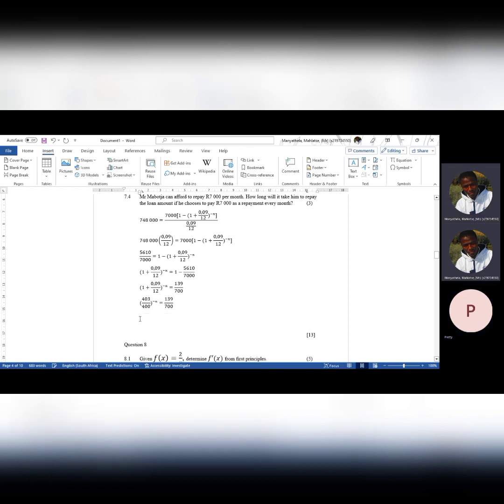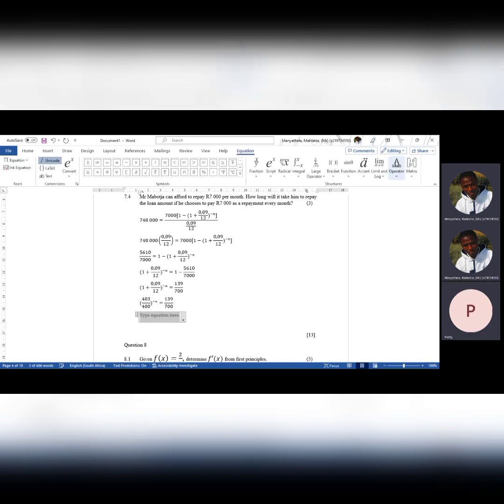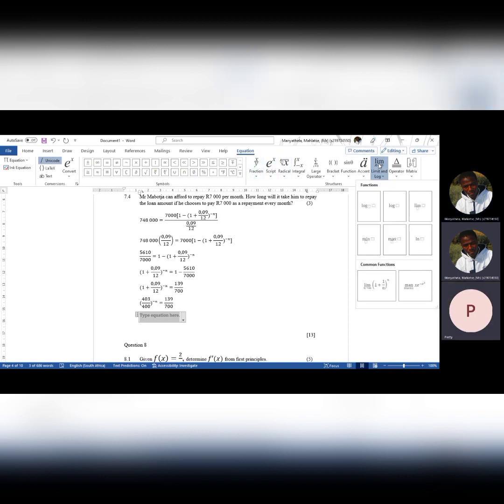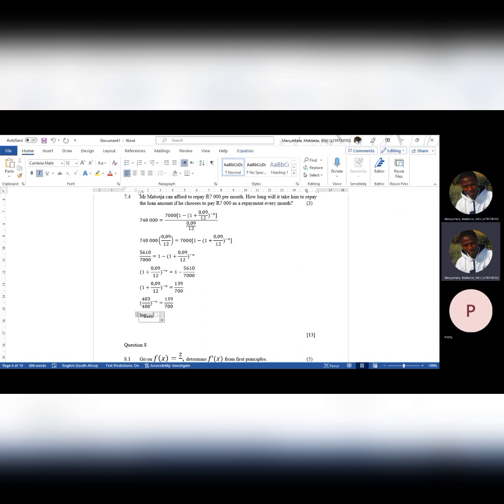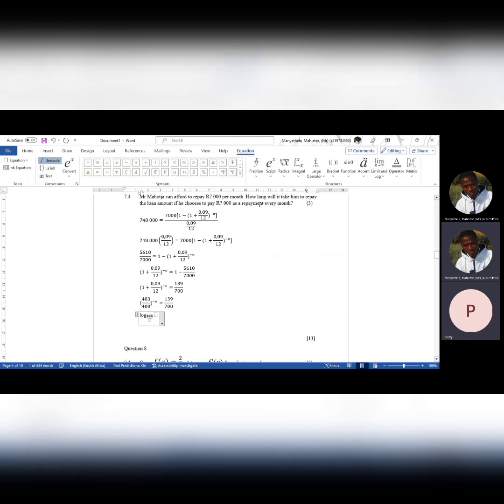Let's do it this way. If it's like this, you can say log 403 over 400. It gives me 0.0032.